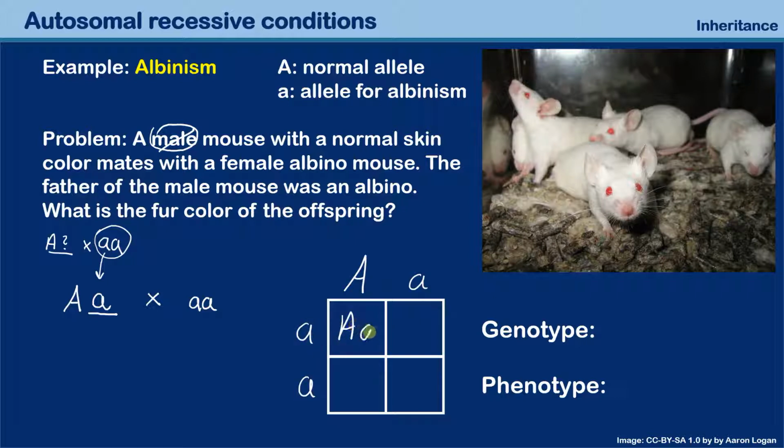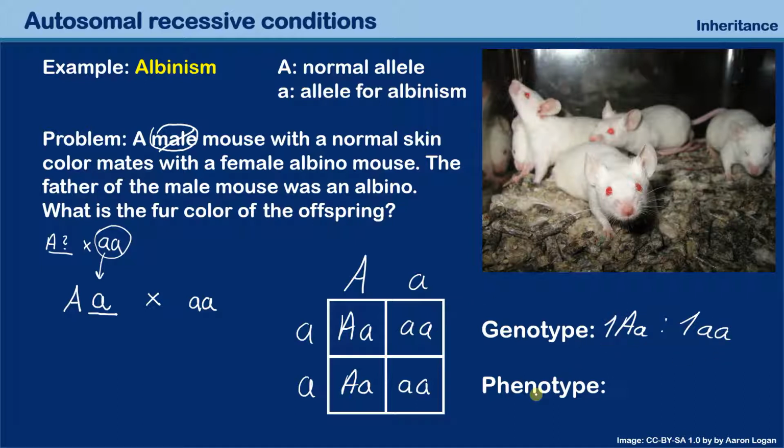We do the cross, heterozygous again, homozygous recessive. What are the genotypes? 2 times heterozygous to 2 times homozygous recessive. We can simplify this. 1 capital A, lowercase a, to 1 lowercase a, lowercase a.